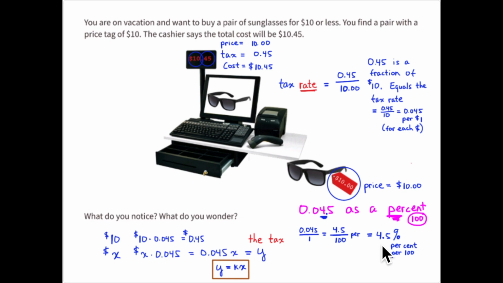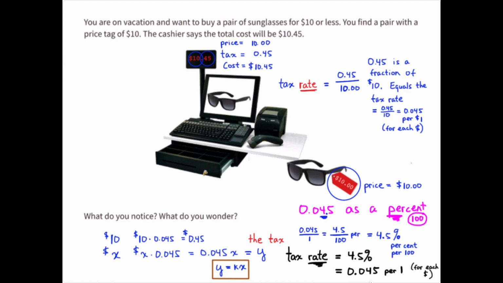And that is percent. 4.5% is 4.5 per 100. So the rate, the tax rate in this case, is 4.5%. It's 4.5 cents for each dollar, or $4.50 for every $100, which is 4.5 per cent. So the tax rate is 4.5%.